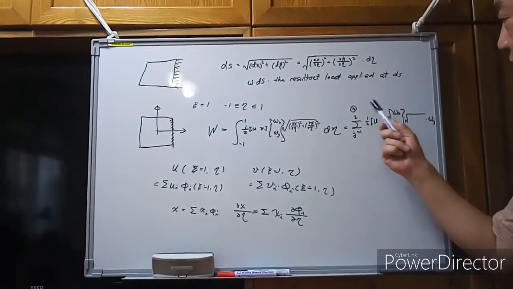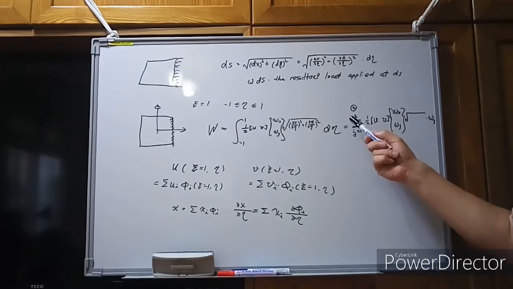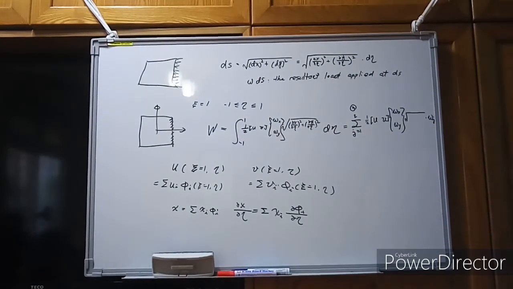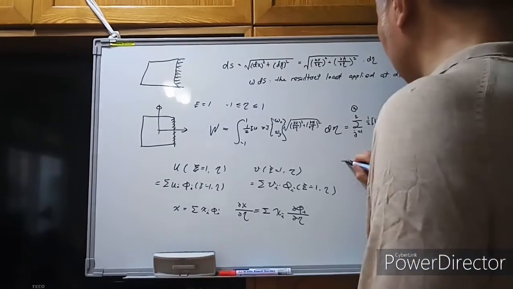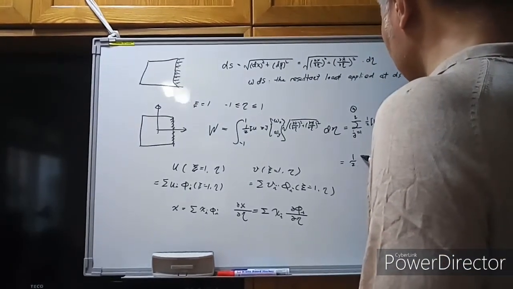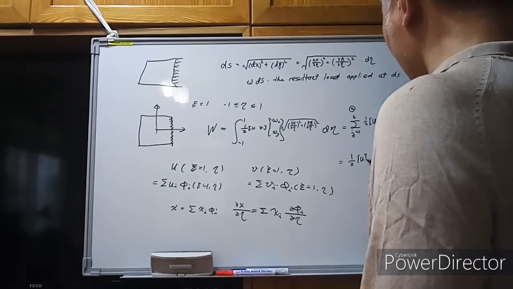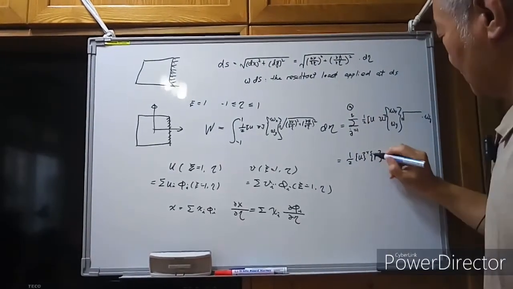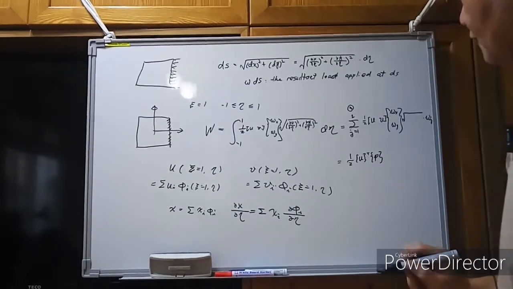Okay, so after you calculate this, you can calculate the W, and then you can get something which is the, okay, I use the small p vector.